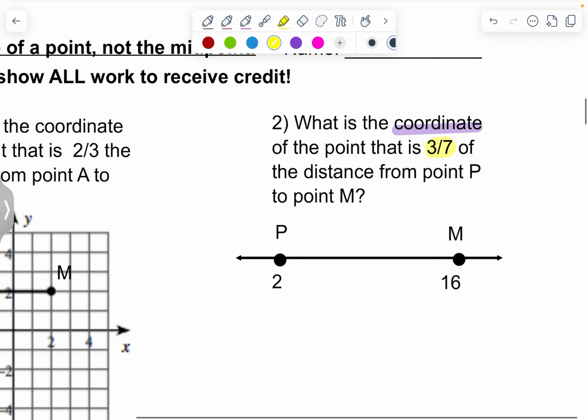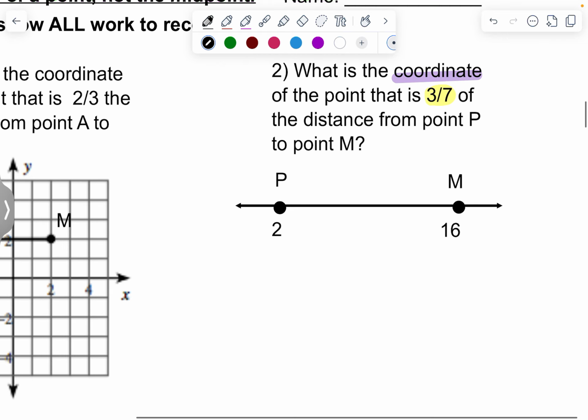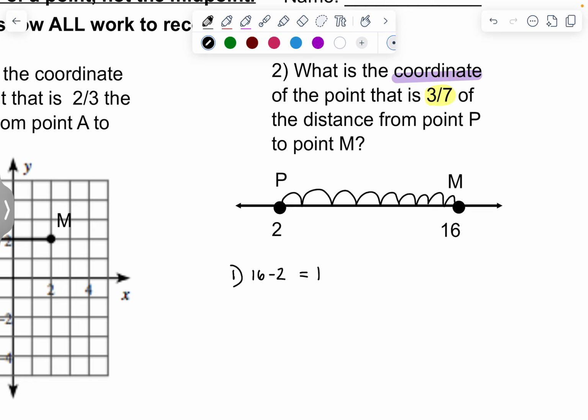So I'm going to review the steps. We've done this before. Step 1, find the total distance. To find the total distance, we can simply count, but we don't have any tick marks, so it's going to be a little harder to count. So what we're going to do is subtract big number minus smaller number. 16 minus 2, which is 14.